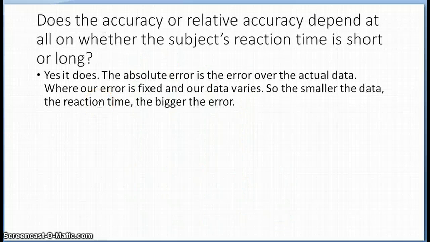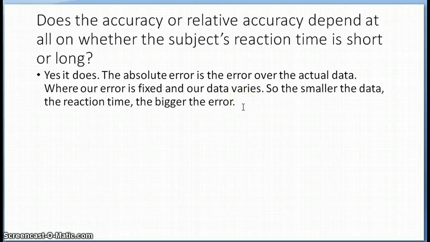So then we come down to the question: does the accuracy, or the relative accuracy, depend at all on whether the subject's reaction time is short or long? Well, yes, it does, because the relative error is the error over the actual data, which is the mean.